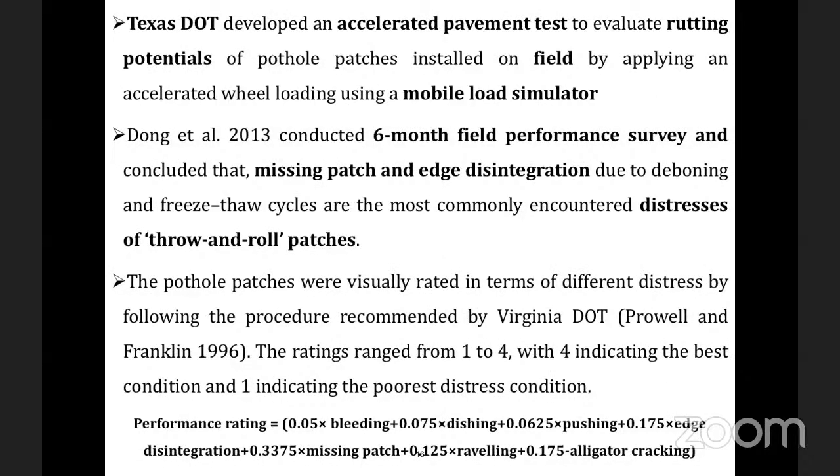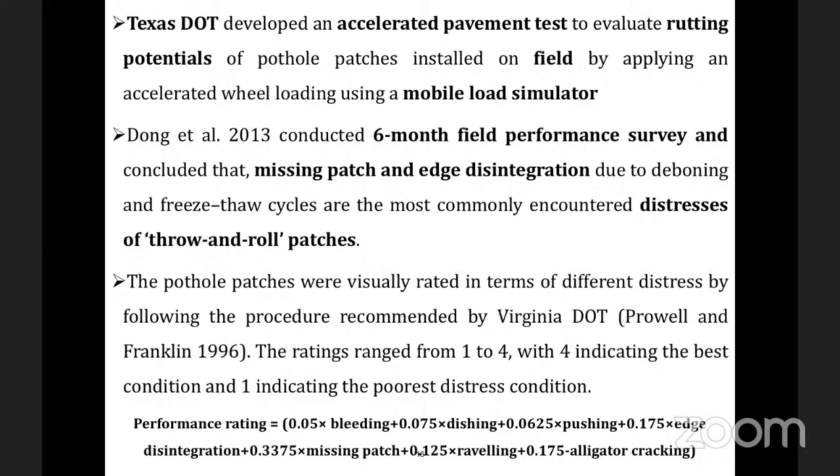Next, Texas DOT has developed an accelerated pavement test in the field to evaluate the rutting potential, that is the wheel load effect on the pothole patches. They installed machinery like a mobile load simulator, applied an accelerated wheel loading test, and evaluated the rutting properties.